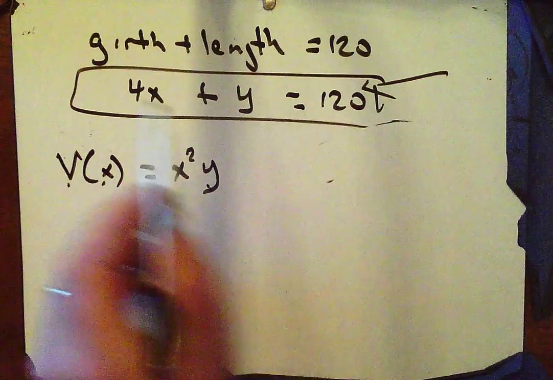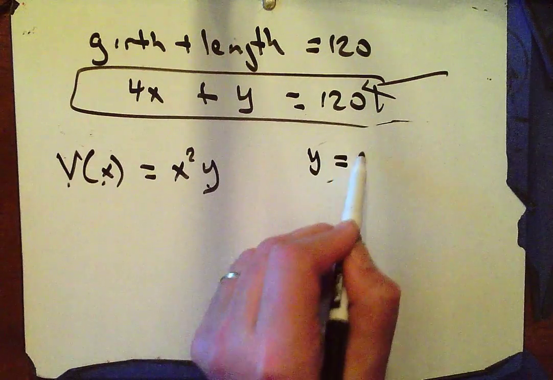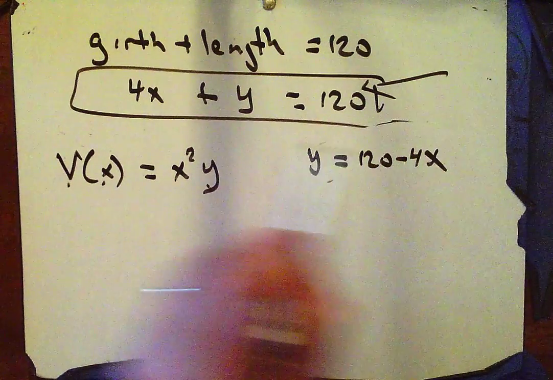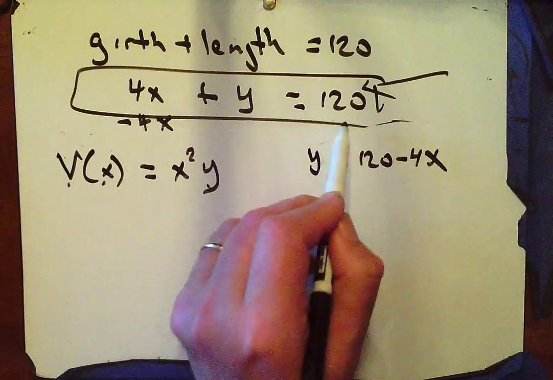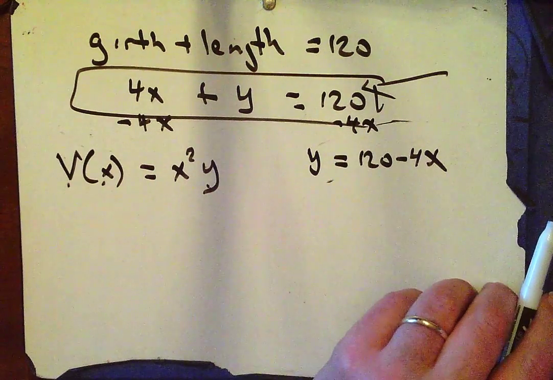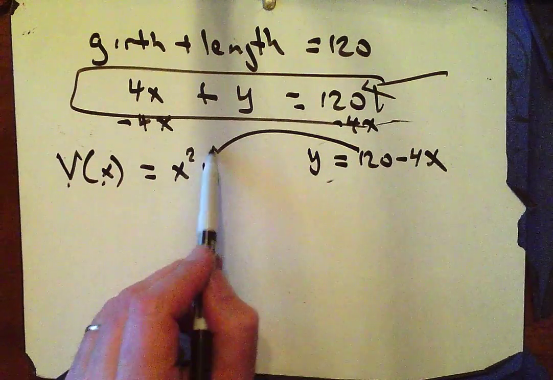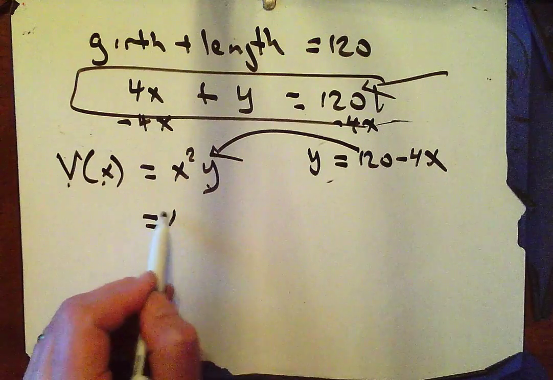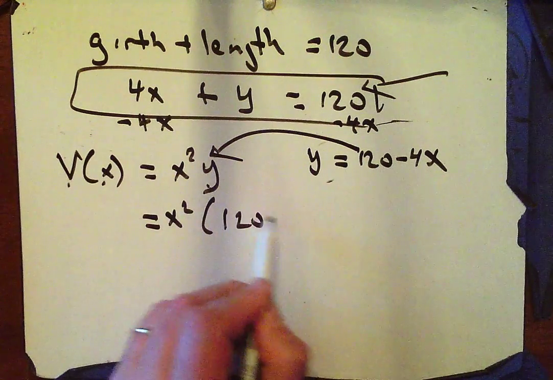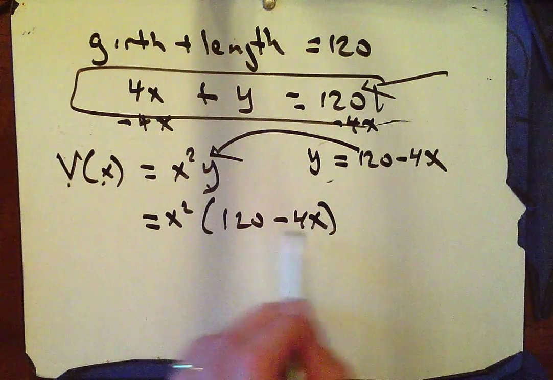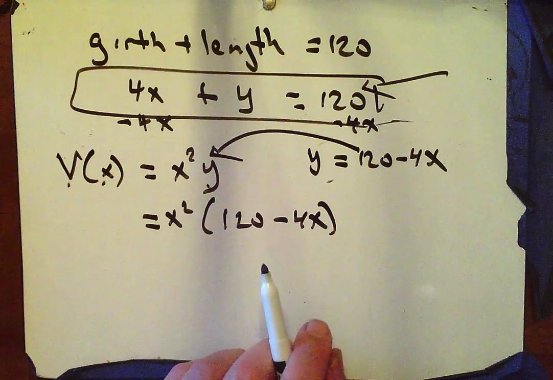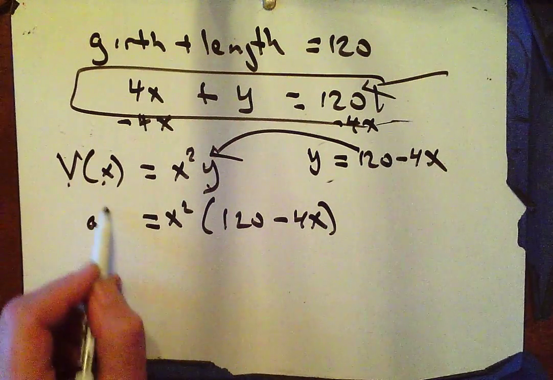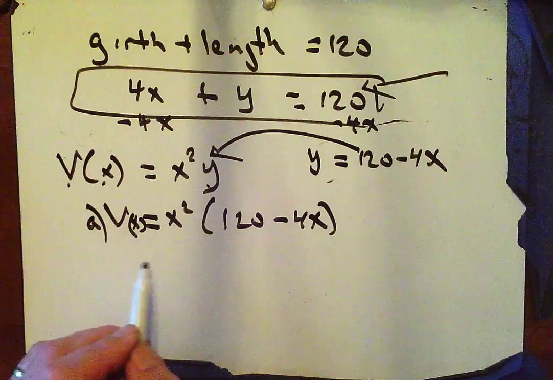That's why I have this helping equation. y equals 120 minus 4x, because I can get y alone by subtracting 4x from each side. Now I know what y is in terms of x's. I can replace y with this x stuff. So that's part A. Find V as a function of x.